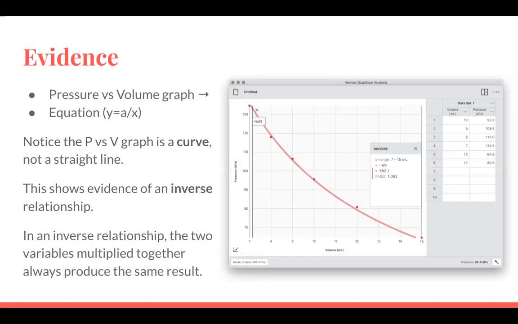Evidence. The big evidence here, I would say, is your graph. This is some sample data that I measured really quickly in Graphical Analysis. It should look pretty similar to what you came up with for a result. I do want to point out a couple of things. First of all, notice that the graph is not a straight line, it's a curve.